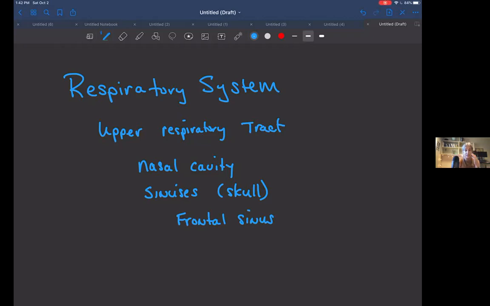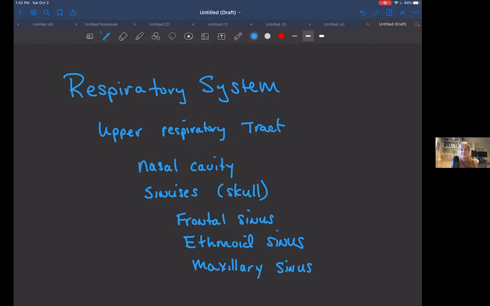Then sometimes we get sinus pressure right behind the eyes, right behind the bridge of the nose, and that is what is referred to as your ethmoid sinus. Sometimes we get pain right here in our cheekbones, and this is what is referred to as the maxillary sinus.